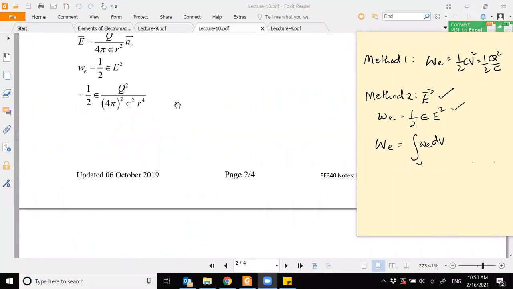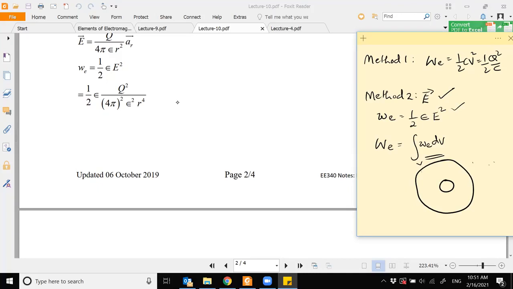Because to find the energy stored in a capacitor, we want to integrate over the volume. This is my inner conductor. This is my outer conductor. Yes, Mr. Najim? The region between the two conductors.